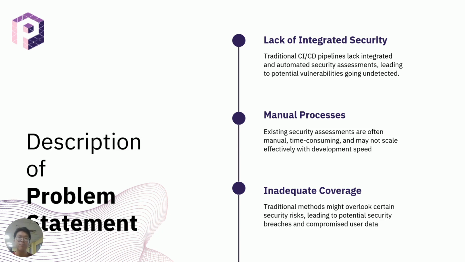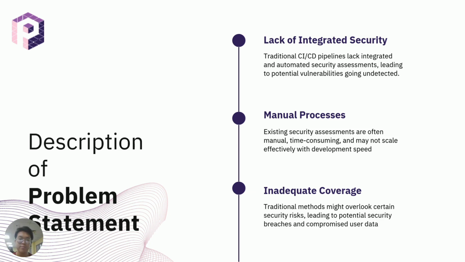Besides that, existing security assessment processes are often manual, time-consuming, and may not scale effectively with development speed and the environment. The last is inadequate coverage. Traditional methods might overlook certain security risks, leading to potential security breaches and compromised user data in the code.